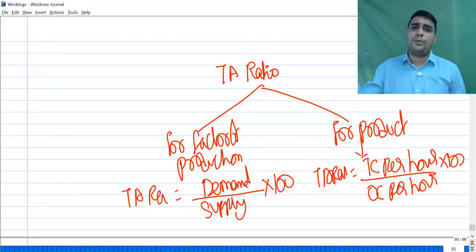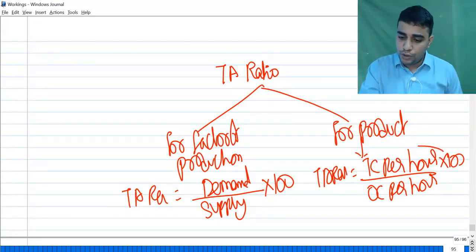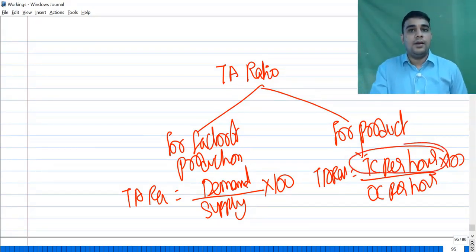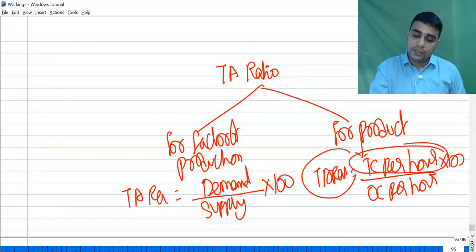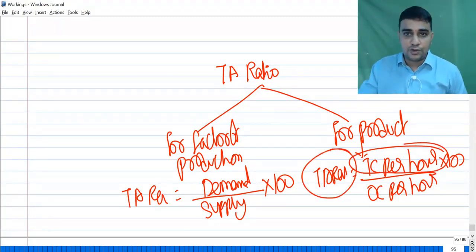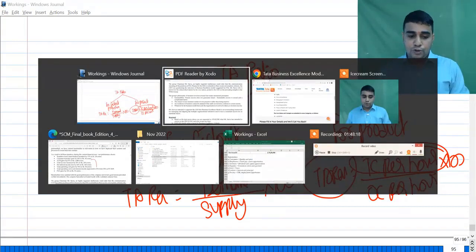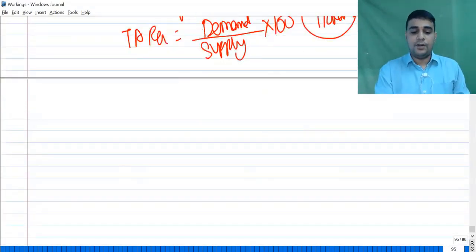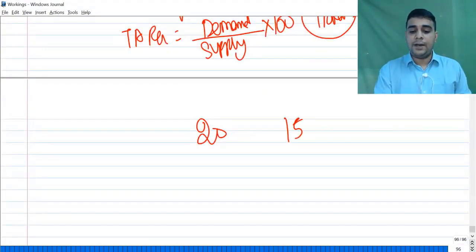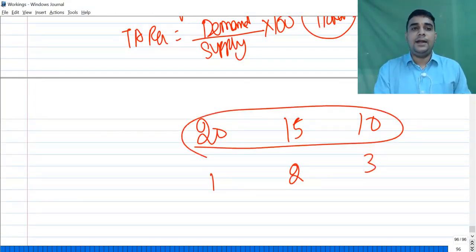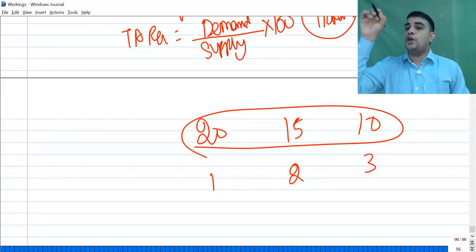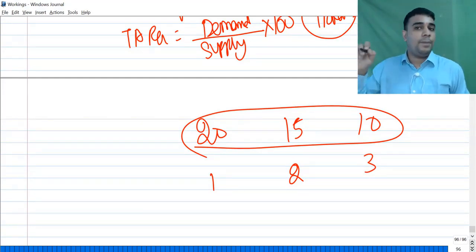The ranking of the product can happen based on throughput contribution per hour, or even based on the TA ratio. For example, you calculate throughput contribution, it is 20 per hour, 15 per hour, 10 per hour. Ranking is 1, 2 and 3. Instead of 20, 15, 10, I will divide by operating cost per hour and calculate the TA ratio.